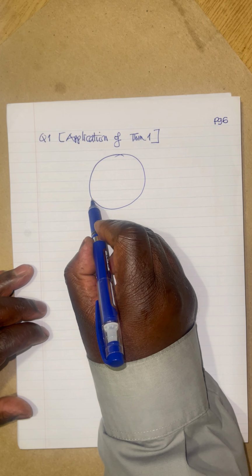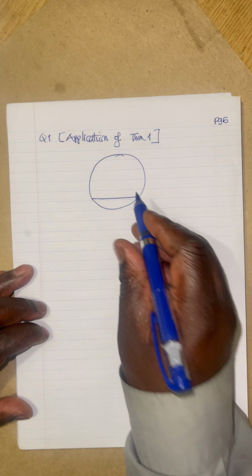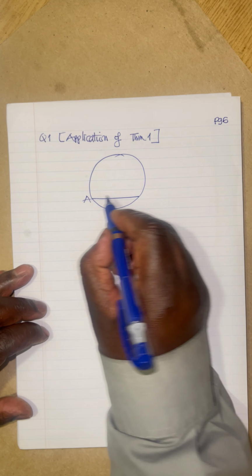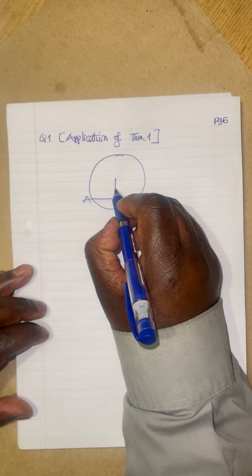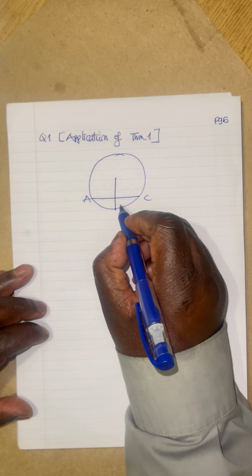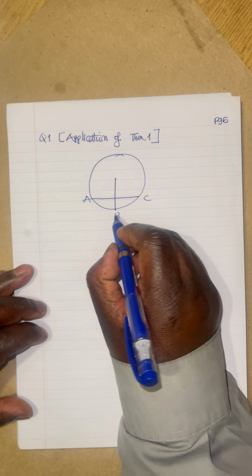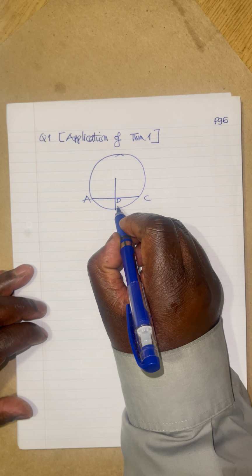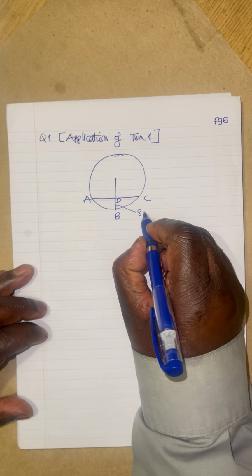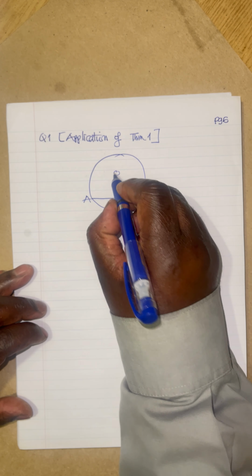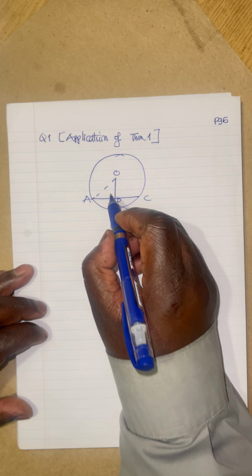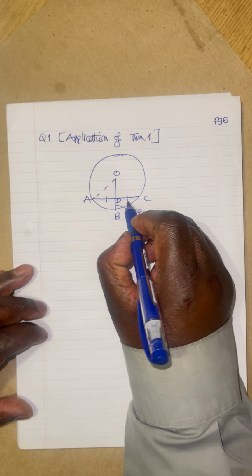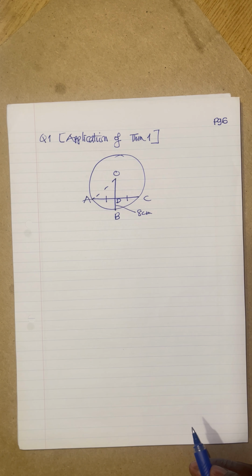And we have that line there, and this line is AC, not drawn to scale, just what we need to be able to solve the problem. So this is BD. We are told that that length is 8 centimeters. And that's our center O. We need that construction there. We are told that this length AD equals CD.